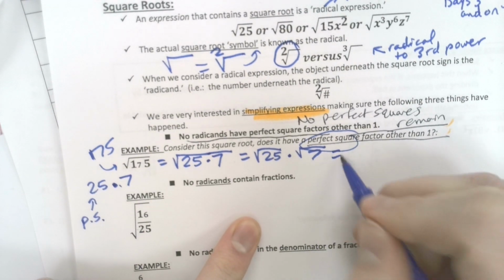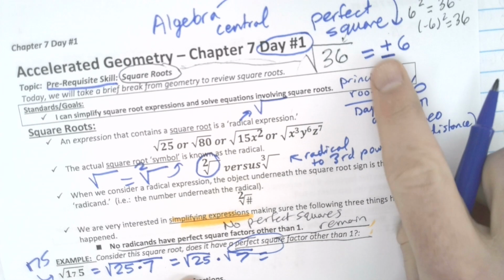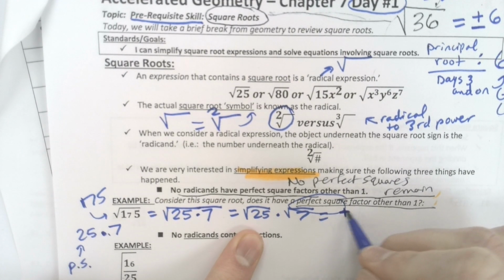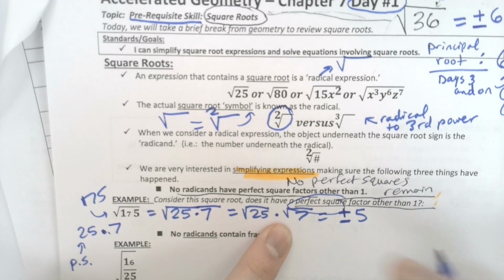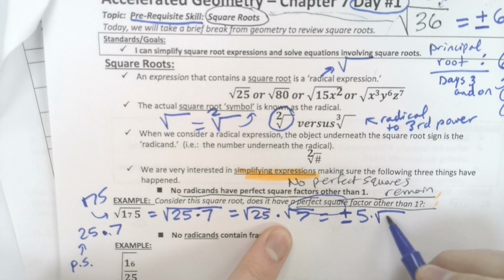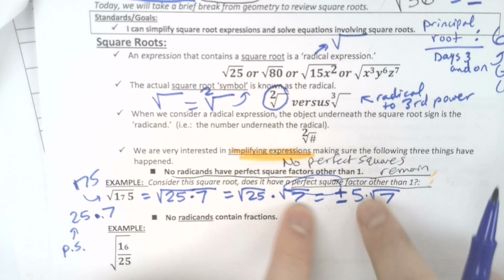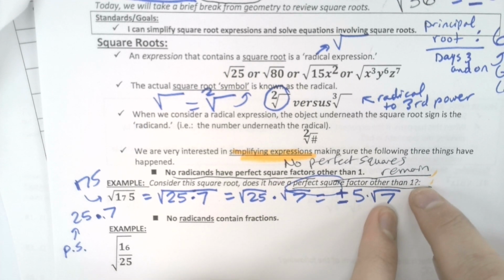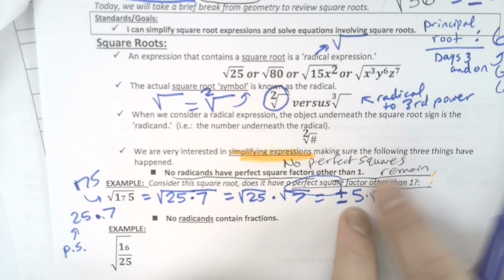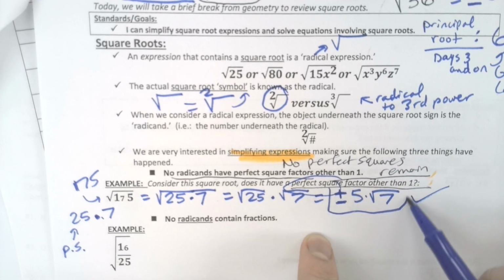And then from there, we know that the square root of 25, remember up here, with algebra, we're going to get plus or minus 5, and then guess what you have still being multiplied to it? Square root of 7. The square root of 7 has no other perfect squares inside of it other than 1. You can't break that down anymore. So we know we've got our answer.